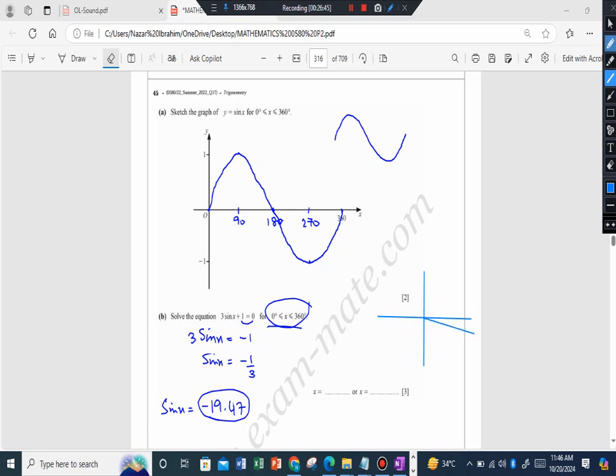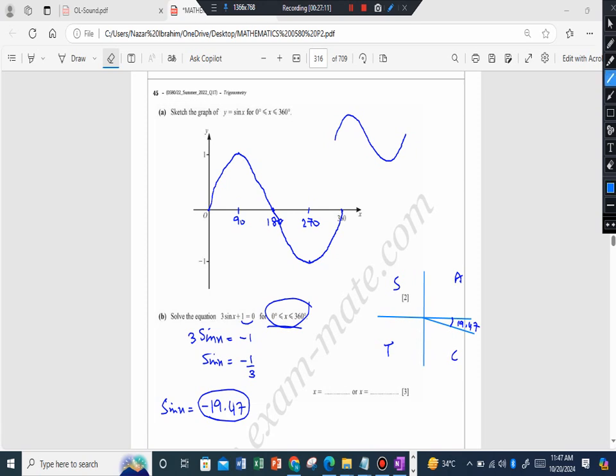Okay, negative means clockwise, right? This is the base angle as well, as I know that the acute angle which I find is always the base angle, right? And then I have to see that since sine is negative, so A no, S no, the third and the fourth quadrant our angle will be in, right?